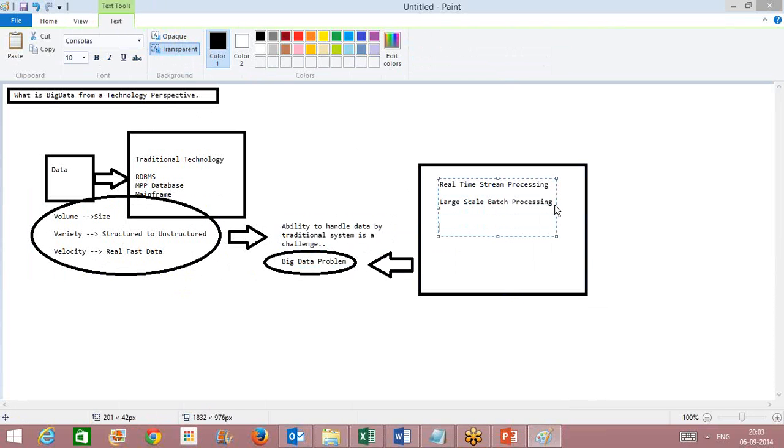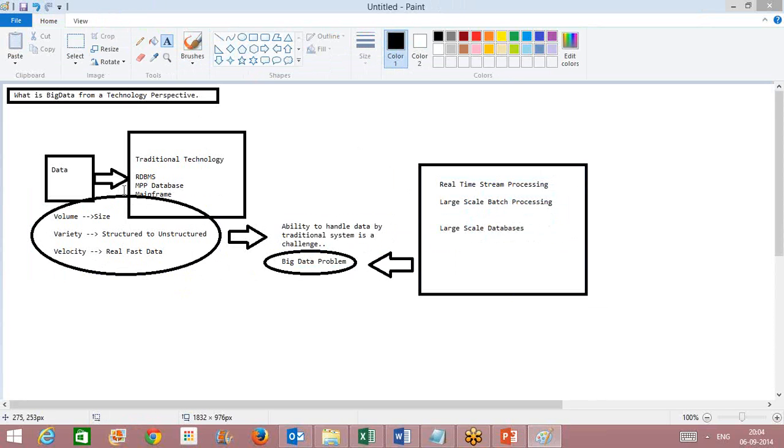And then you also have large scale databases. Because when you have some amount of semi-structured data, you need large scale databases. You need a large scale batch processing system. You have a large scale stream processing system. So these are the core technologies which come in and try to help you solve the big data problem.